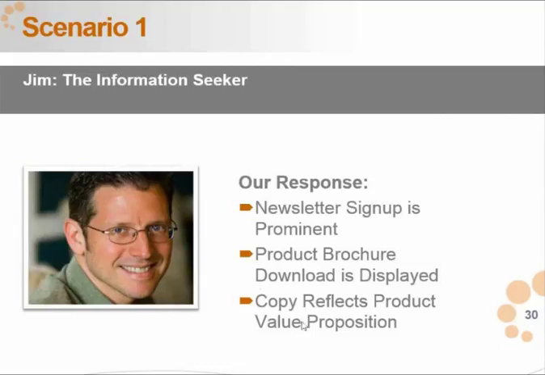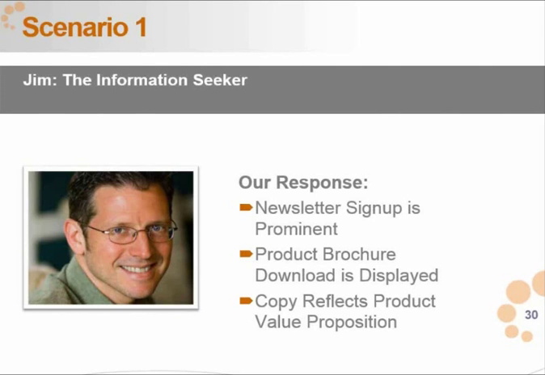Similarly, since we know that he's looking for information, we're going to prominently display, maybe again in that right rail, or maybe as a block on the home page in our feature rotator, a product brochure download. So when he visits the site, that rotator switches from whatever its normal content is to a prompt that asks him to download our product brochure.